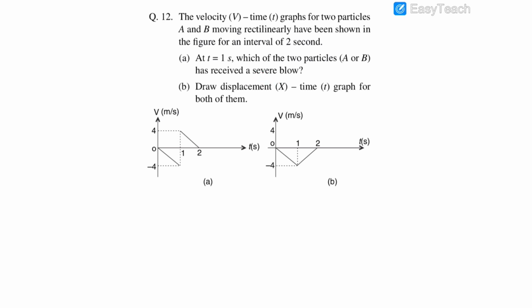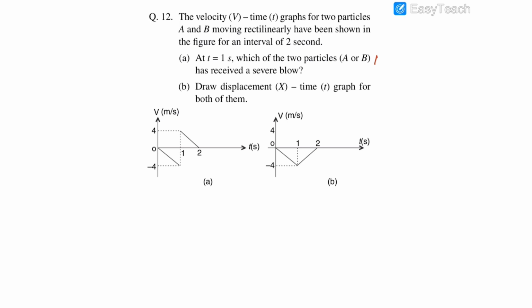You can see that at 1 second the velocity of A was -4 and suddenly it became +4. So A suddenly changed its direction without changing the speed, which means that A has received a sudden blow.